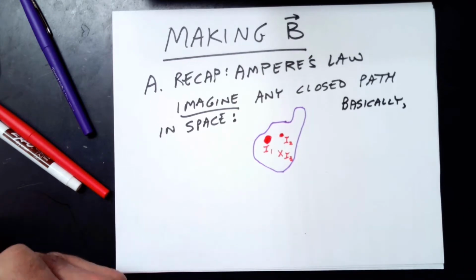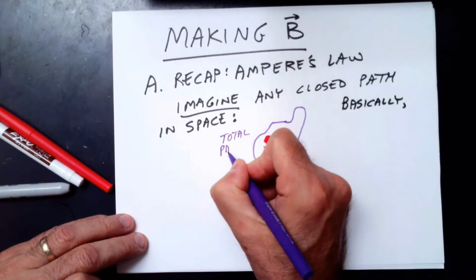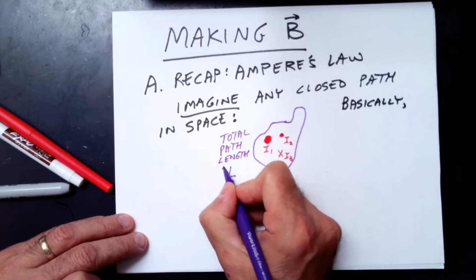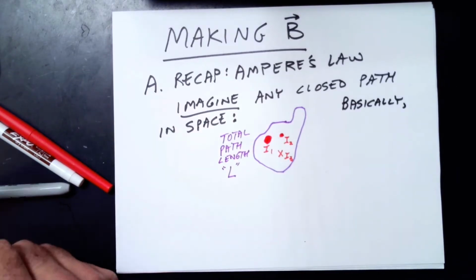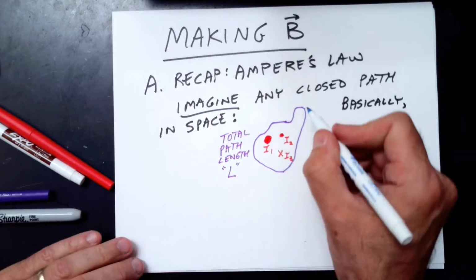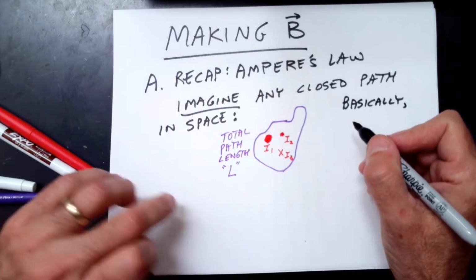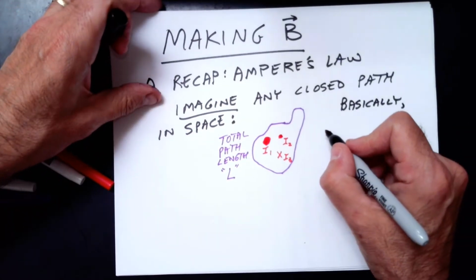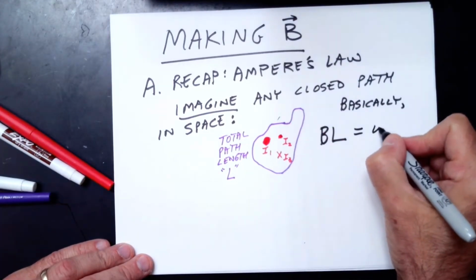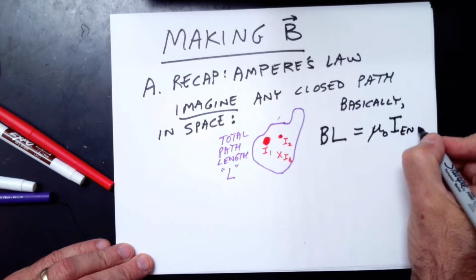But basically, if this total path length, the common symbol we use for that concept is L. If we call that L, and there's a magnetic field being created by these currents, basically the idea is that instead of multiplying electric field times area, you multiply magnetic field times L, the total path length. That will equal the current inside with a constant to make the units turn out.